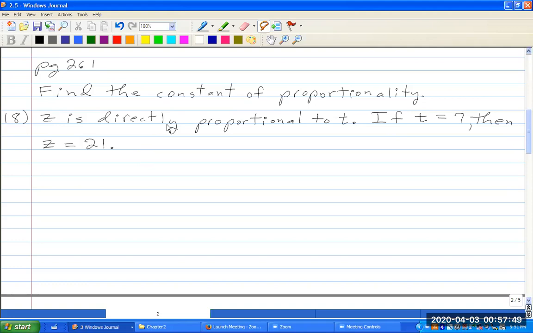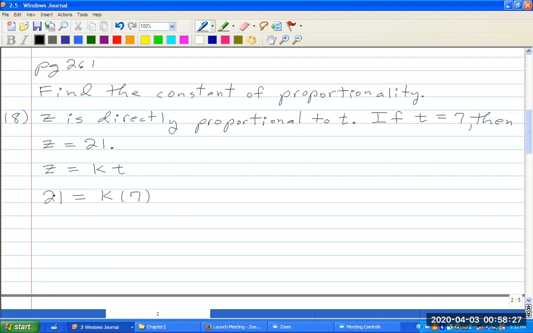If z is directly proportional to t, so that means that z is equal to some constant k times t. If t equals 7, then z equals 21.